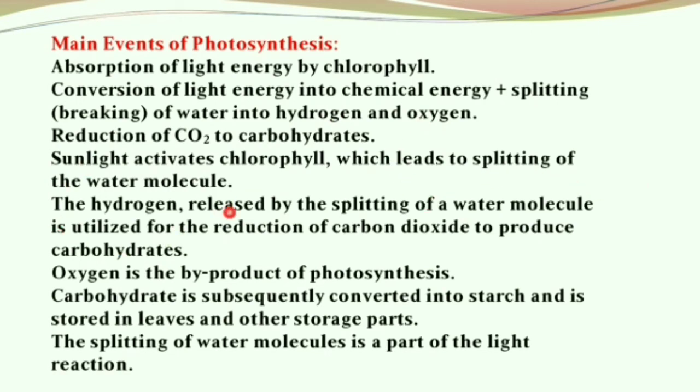The hydrogen released by the splitting of the water molecule is utilized for the reduction of carbon dioxide to produce carbohydrates. Oxygen is the byproduct of photosynthesis. Carbohydrate is subsequently converted into starch and is stored in the leaves and other storage parts. The splitting of water molecules is a part of the light reaction.